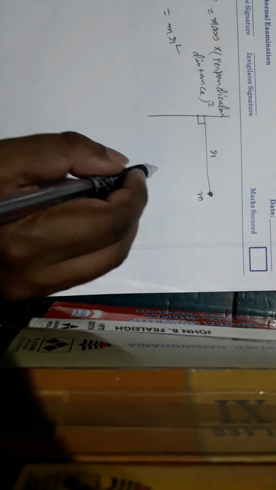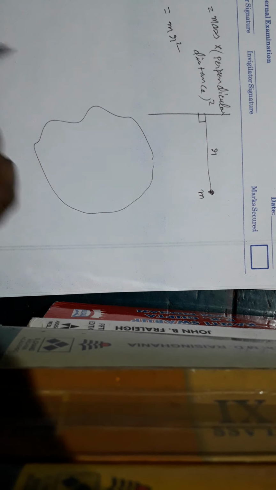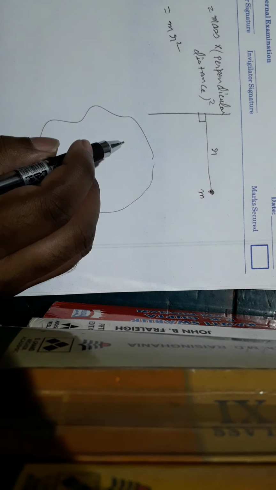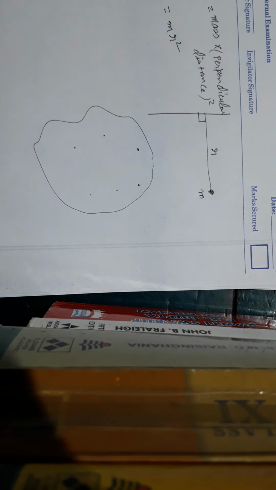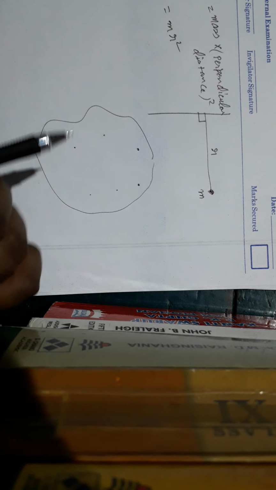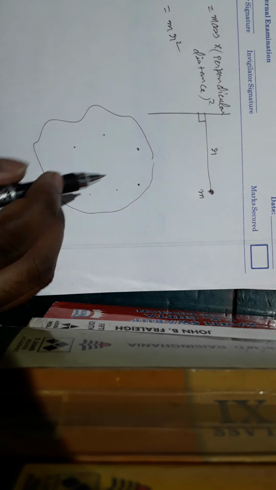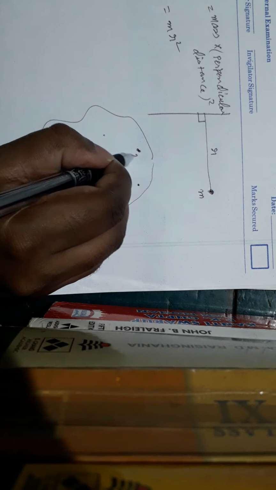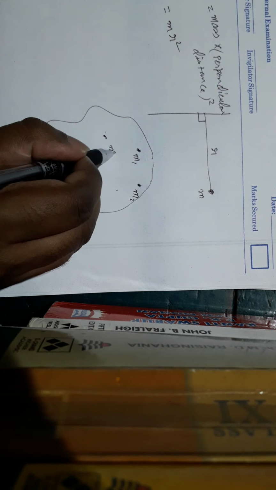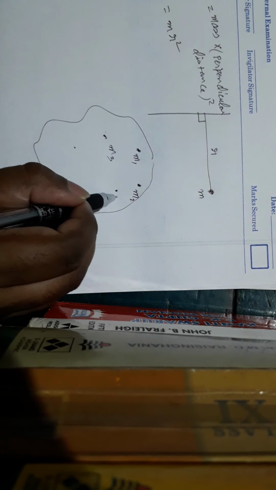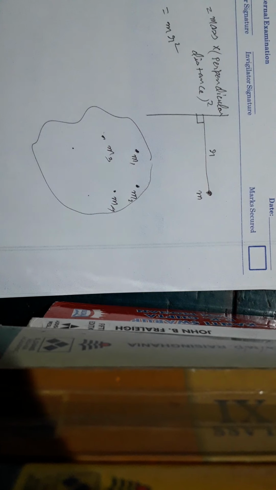Now suppose I consider a rigid body. A rigid body is made up of many particles. Let us consider a rigid body made up of n particles, and the mass of the first particle we take as m1, the second particle as m2, the third as m3, the fourth as m4, and so on.